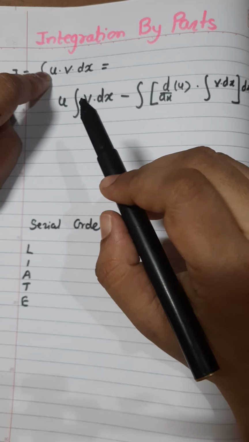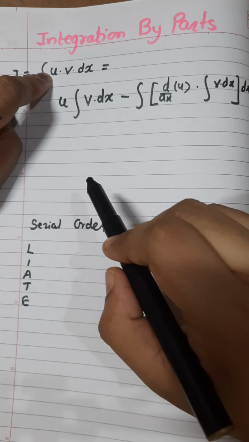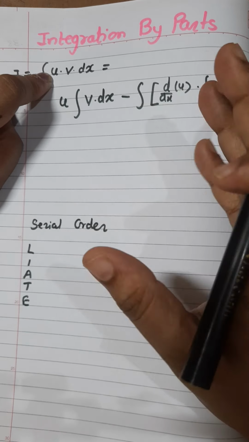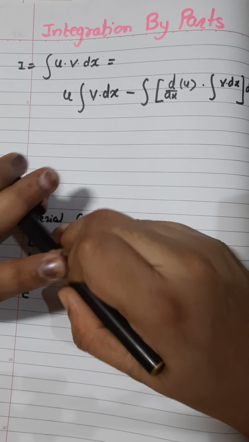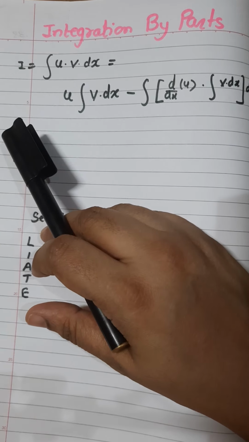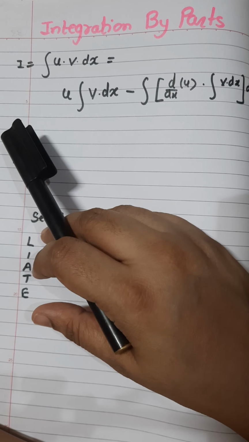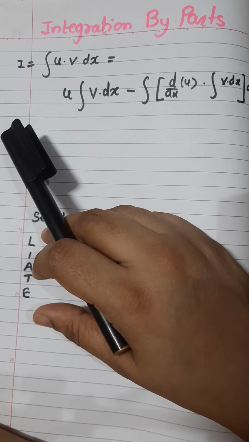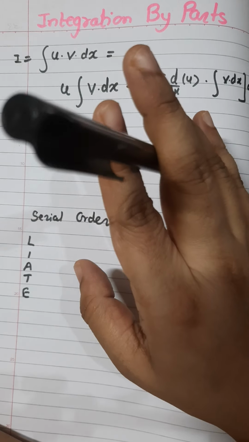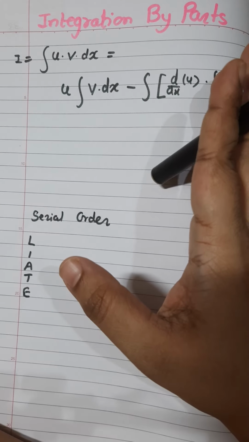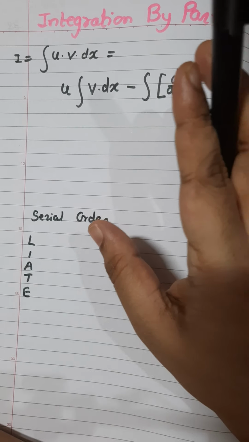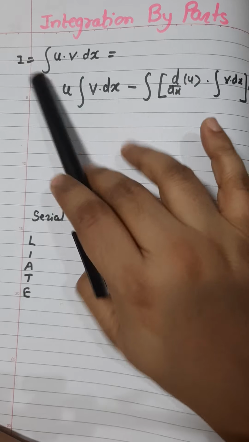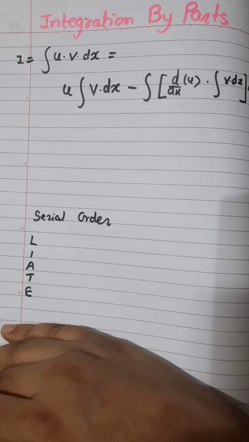Now as it is a product of two functions, you may have combinations of functions. Up till now we have seen algebraic functions, exponential functions, trigonometric functions, inverse trigonometric functions and logarithmic functions. Okay, so we have to choose the serial order when we are solving such type of integration.